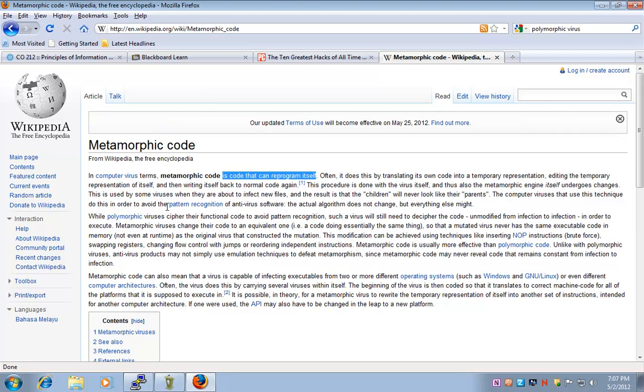The pattern recognition that is otherwise available for polymorphic code is not going to be there. Suddenly, this program is smart enough to rewrite itself and recompile itself so that it looks like a brand new program. That's how it becomes much more difficult to catch, to create enough virus definitions to find it in the future.